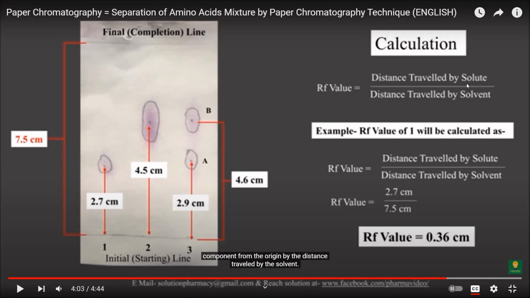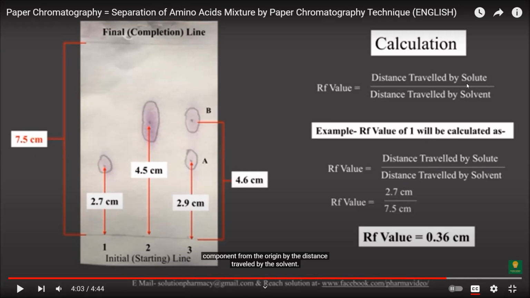So for example, in this video, the distance traveled by the solute is say 2.7 centimeters, which is the first sample that she has loaded. So 2.7, and the solvent front is 7.5. The solvent front is going to be common for all of them, for sample number 1, 2, and 3.